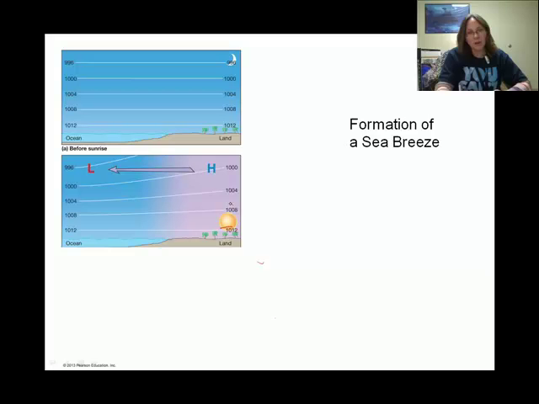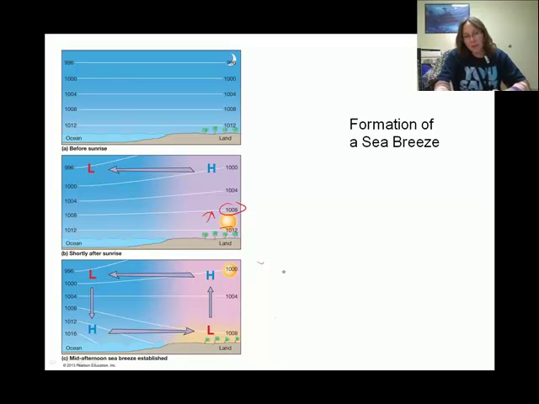This isobar of 1008 is moving up, so we have a lower pressure there. About 3 p.m. we have our exaggerated low pressure, just like I was telling you, here over the land, over Chicago, and then out here over the sea or the ocean or Lake Michigan, we have generally a high pressure because it's generally cooler over there.